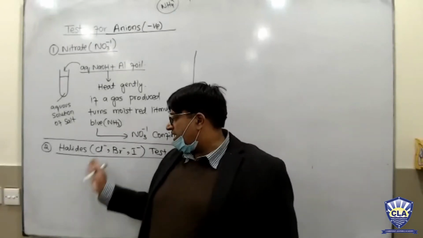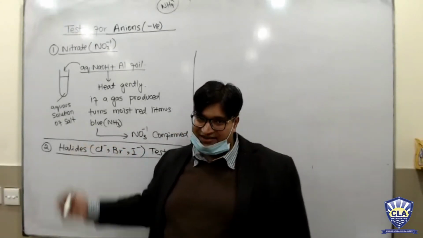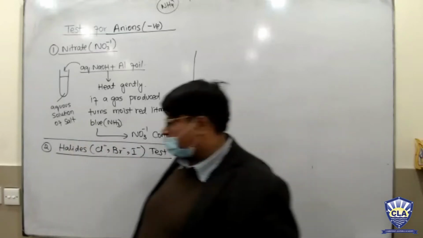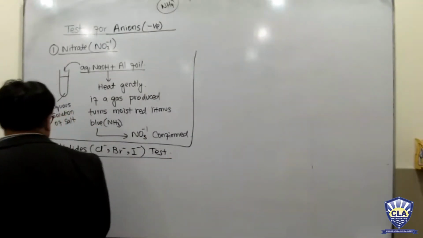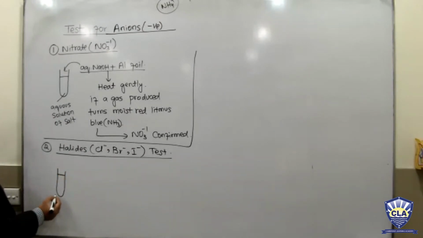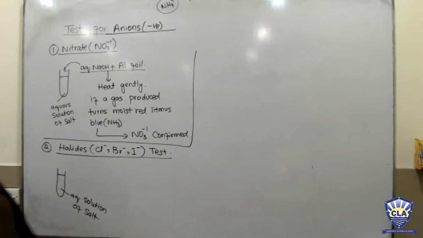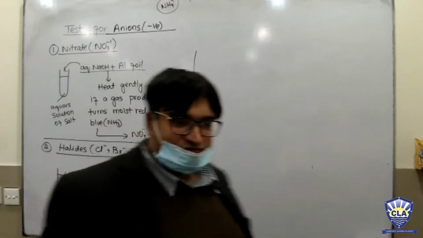If the halogens are present in the negative form, they are called halides. Again, you should take a test tube, put a little bit of the salt and water, so you will get an aqueous solution of salt in the test tube.